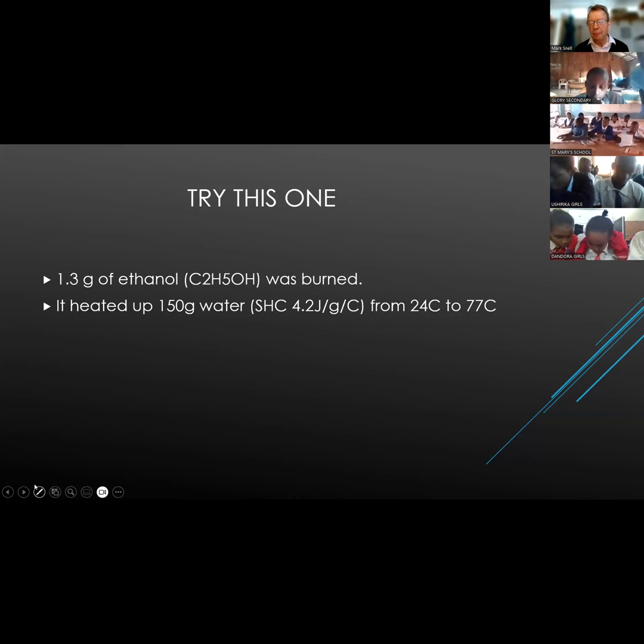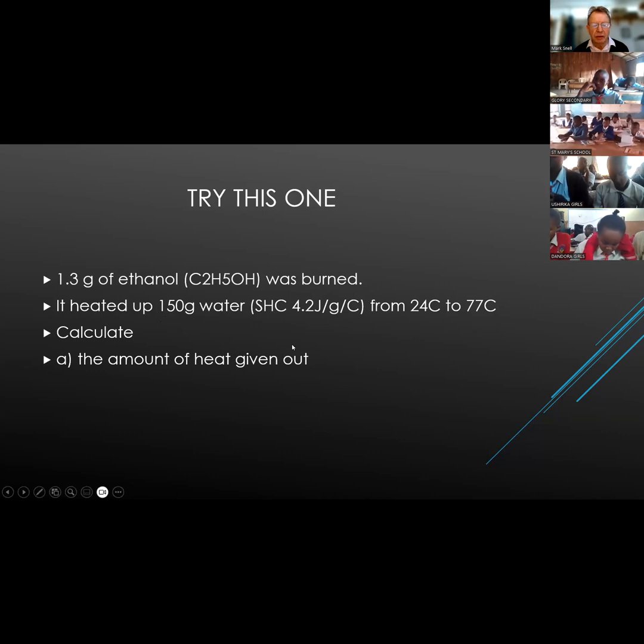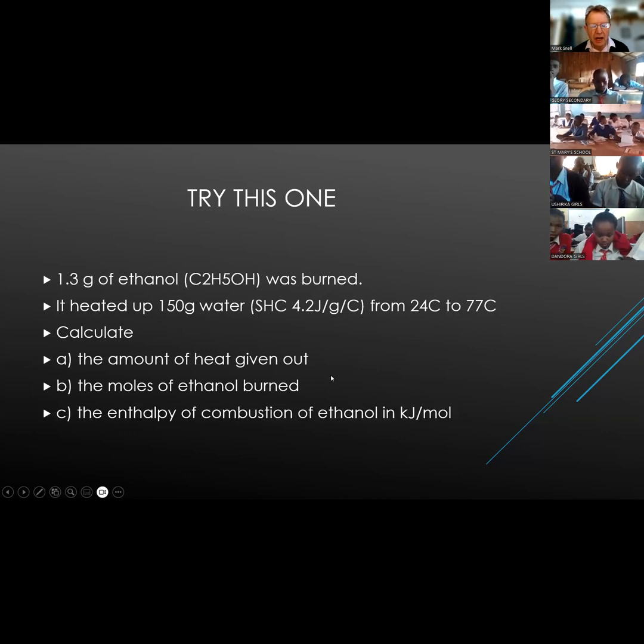I'm going to take the specific heat capacity as 4.2, and it heated it from 24 up to 77. Okay, 150 grams of water, 24 to 77. I want you to calculate the amount of heat given out, the moles of ethanol burned, and then the enthalpy of combustion. Okay, have a go at that.